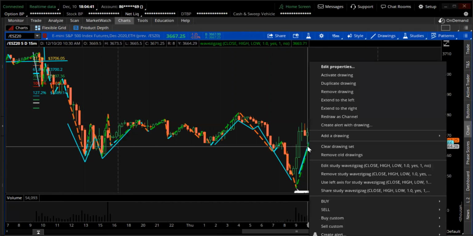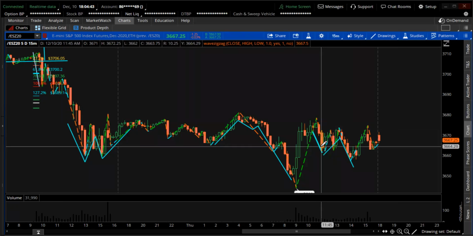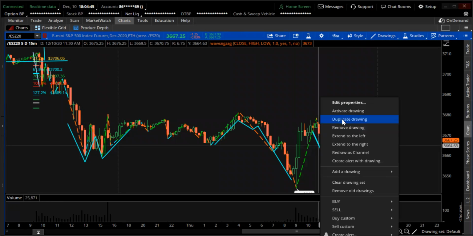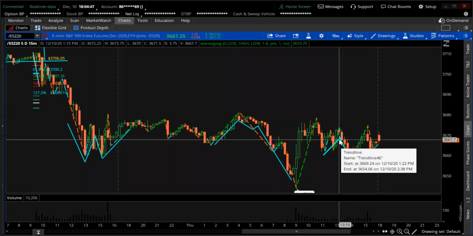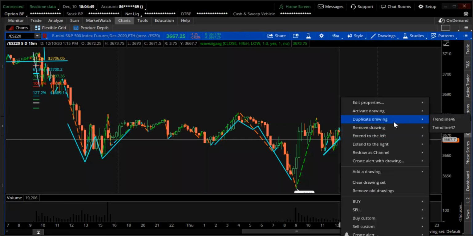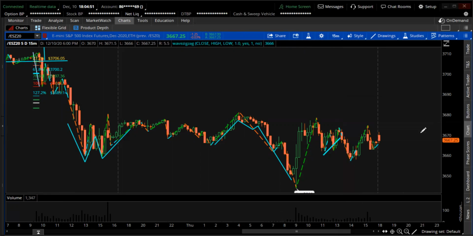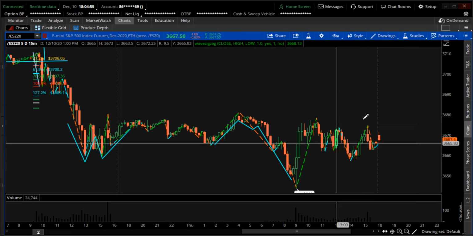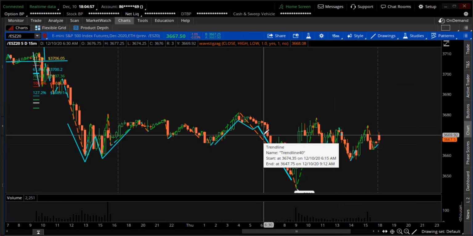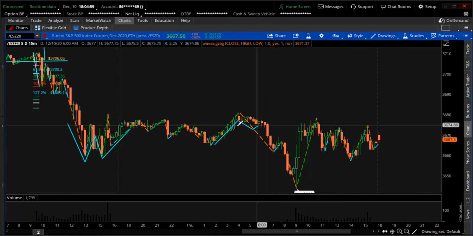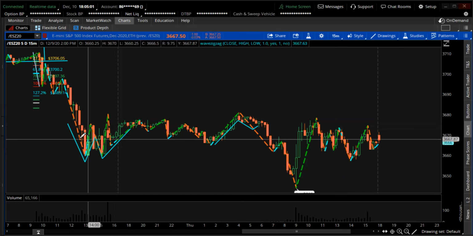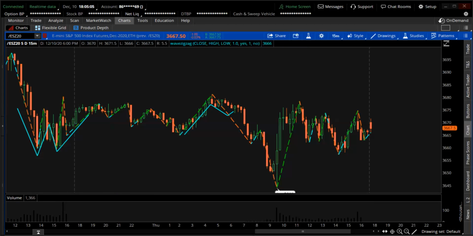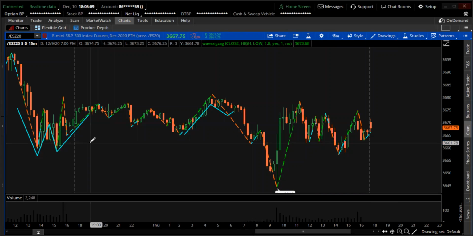So let me get all the drawings out so you can really see. Too much drawing everywhere. That just gives you an actual picture of the W patterns so you can see them.